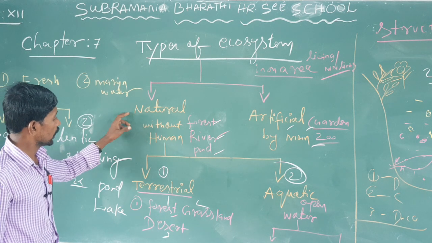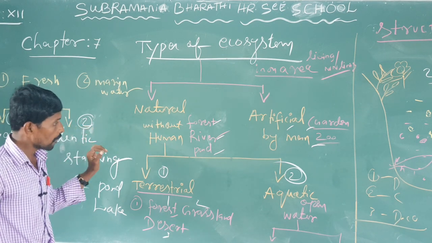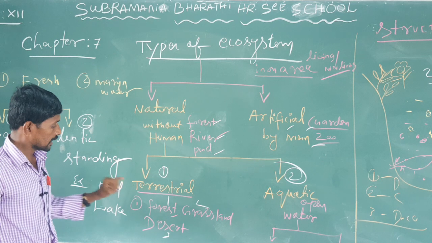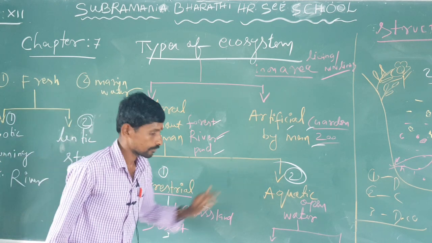The natural ecosystem is divided into two types: terrestrial and aquatic.